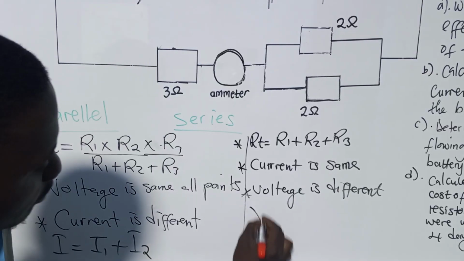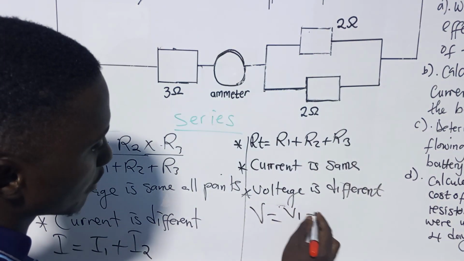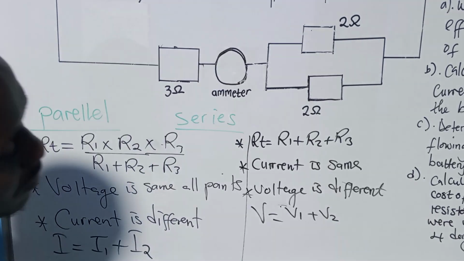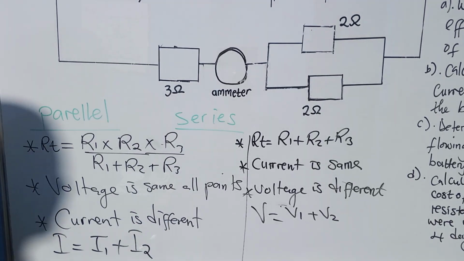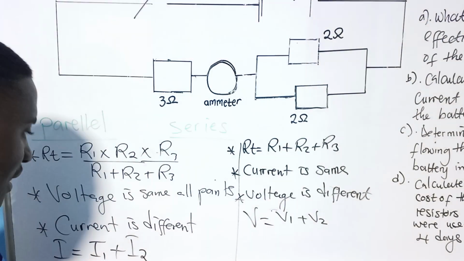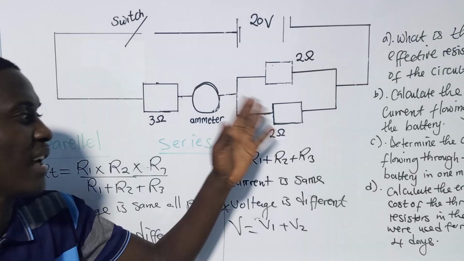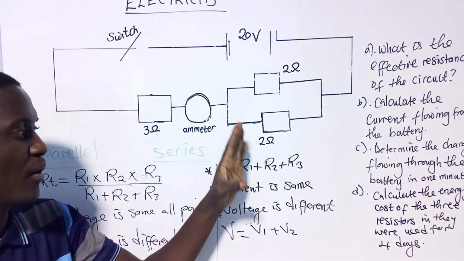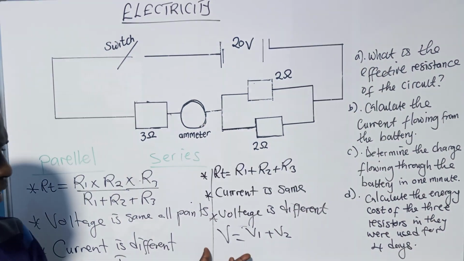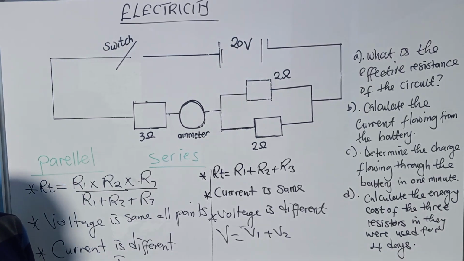But on the other side, if you want to find the voltage, you add V1 plus V2, then you find your total voltage. Now, without this info, it will be very difficult for you to solve any questions that come under electricity. So this information is very vital. Shall we go into our solving now?